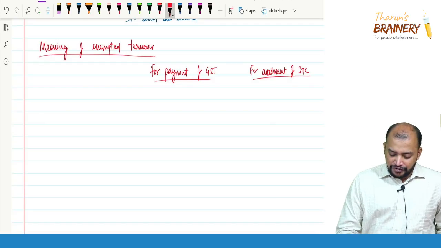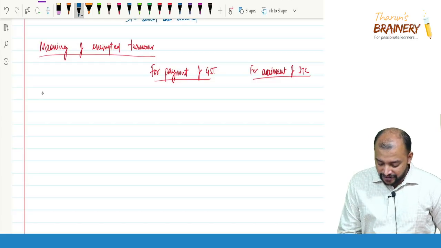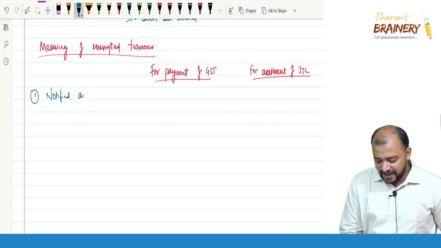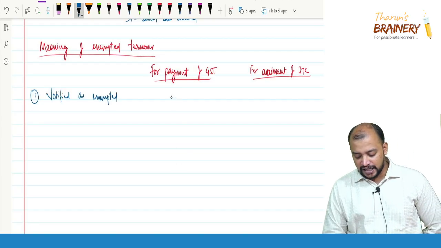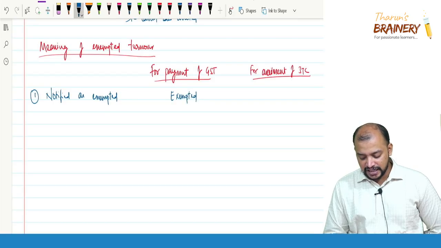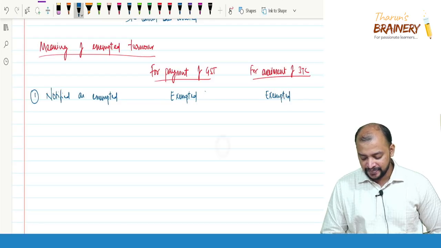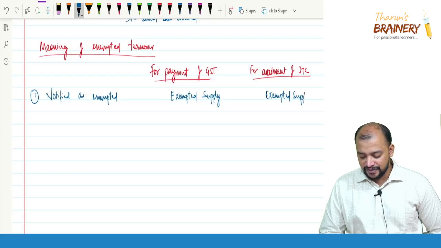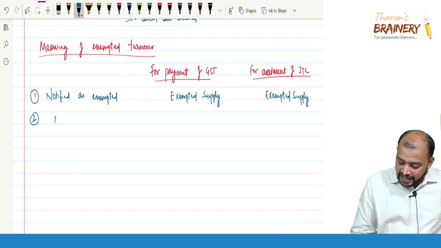First, non-taxable supplies that are notified as exempted. Any supply which is notified as exempted will be treated as exempted, even for payment of GST and even for availment of ITC, no doubt. Number 2, nil rated.